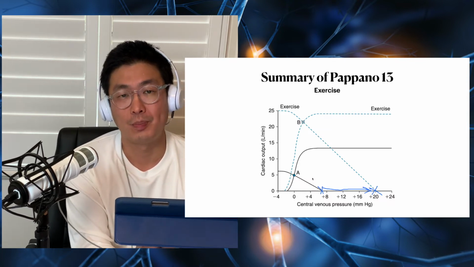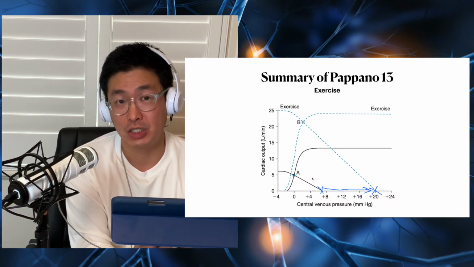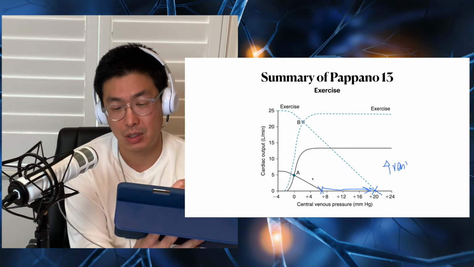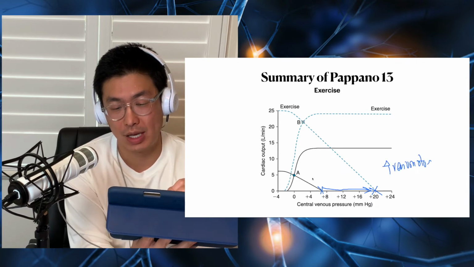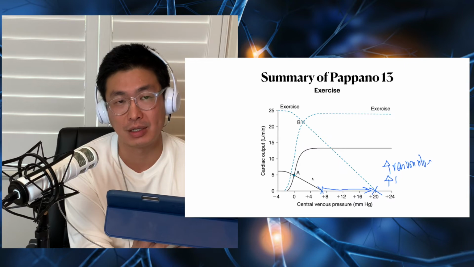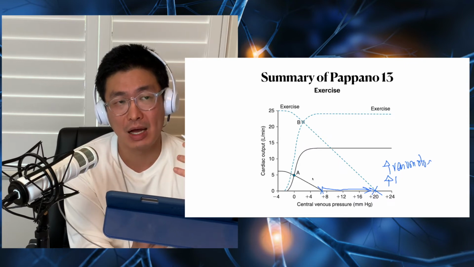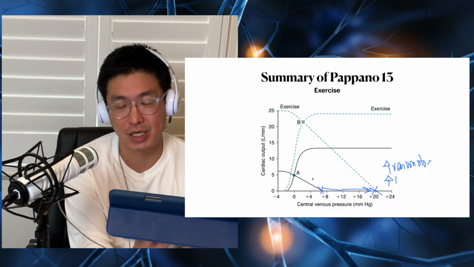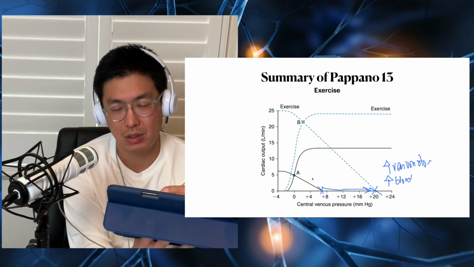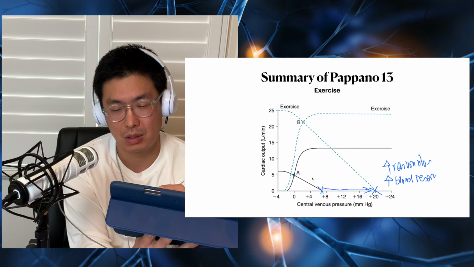That's from venoconstriction causing an increase in your venomotor tone, as well as increasing what I call sequestration of blood from your viscera back into your circulating volume. So this is from blood reservoir. Sequestration.